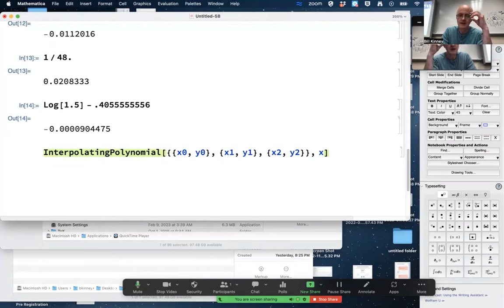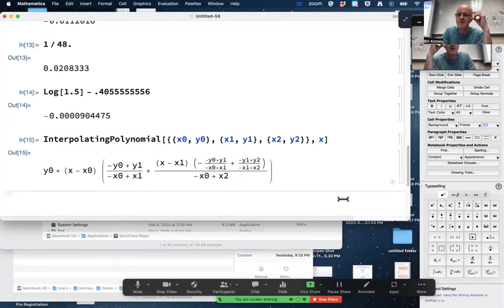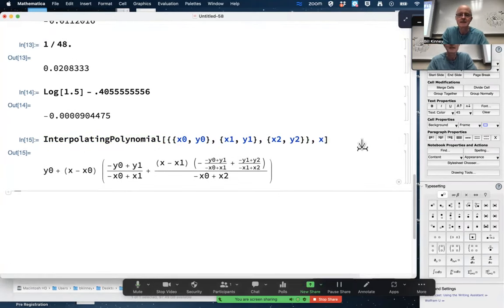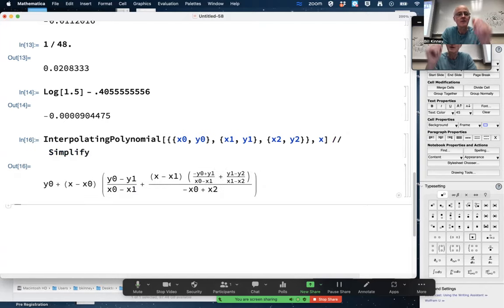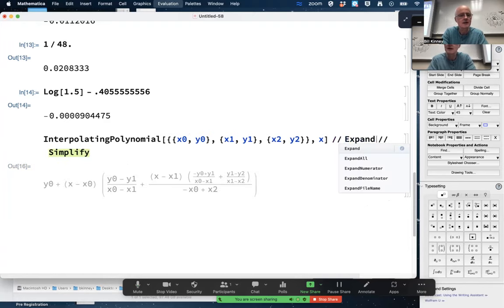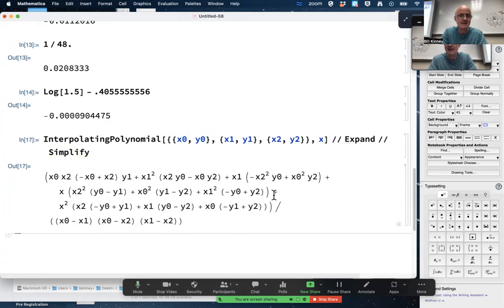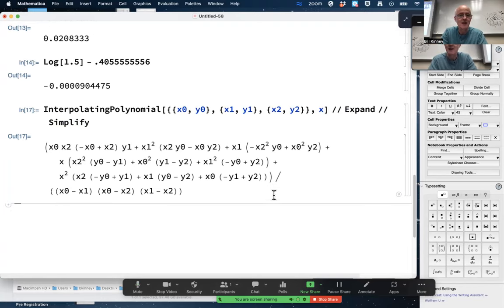It's going to be a quadratic function of x. There it is. Wow. Can it be simplified? Yeah, sure. Well, maybe not much. Maybe we want to expand first. Okay, well, maybe that's not much simpler. Integrate that from x0 to, okay, maybe I should do something else here.